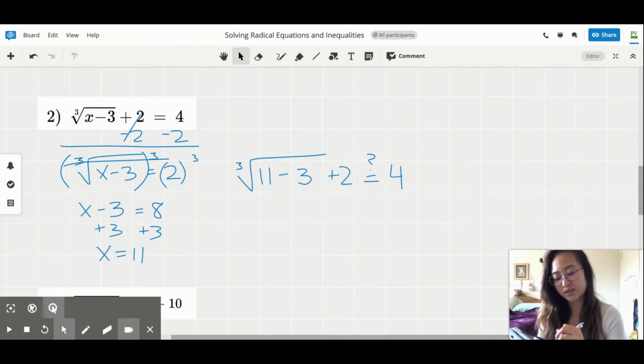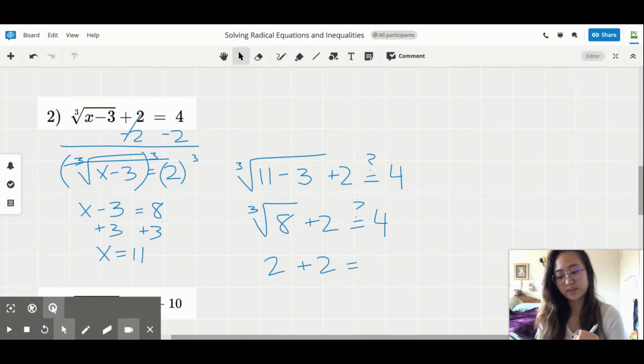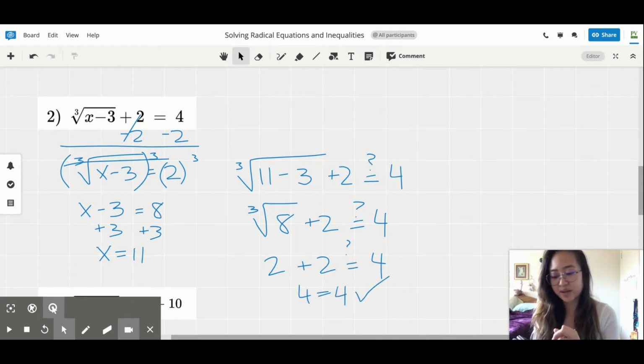Let's see. Okay, so we get the cubic root of 8 plus 2. Is it equal to 4? We know that this is 2. It becomes 2 plus 2. So far, so good. And it checks out, so that means we have our final answer, x equals 11.